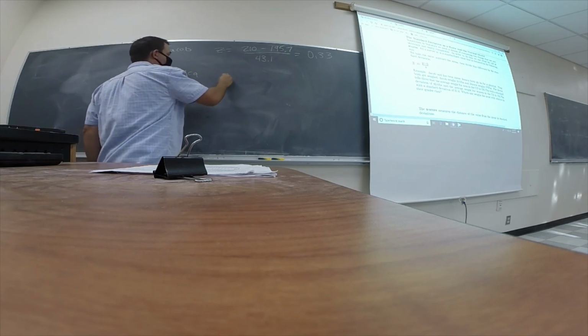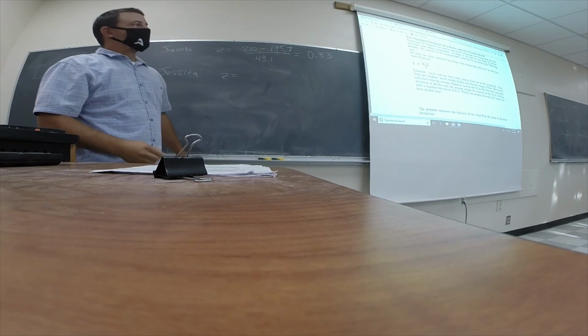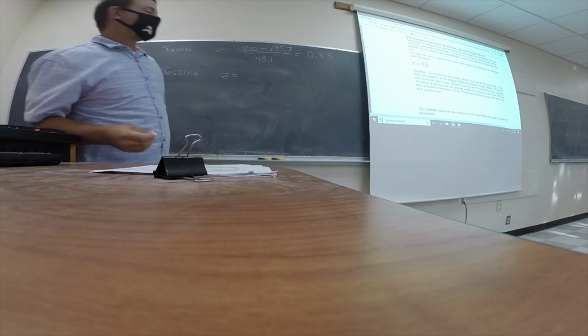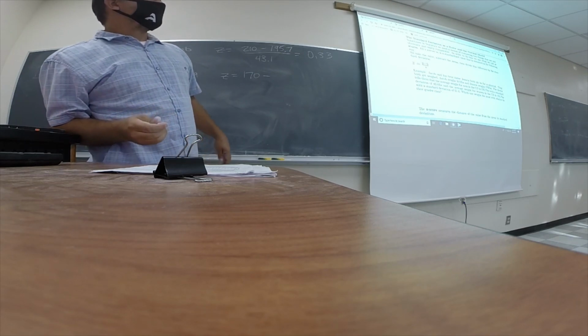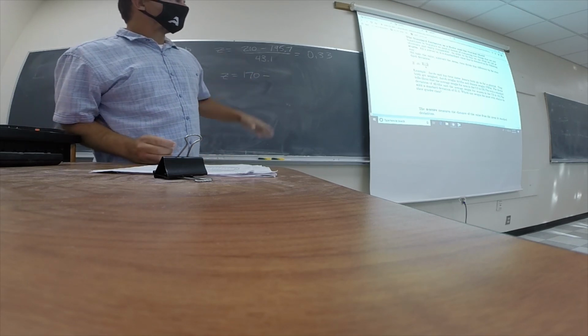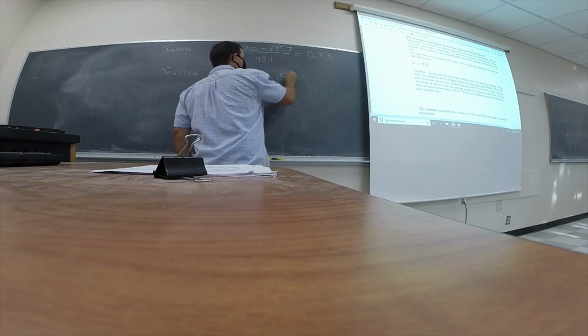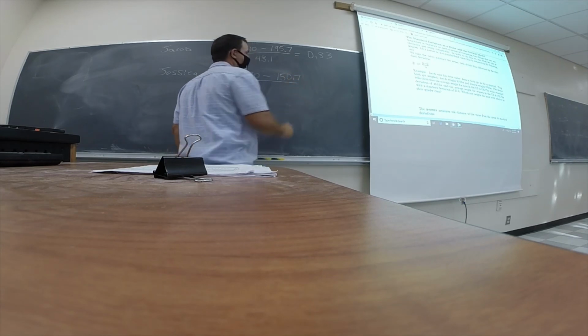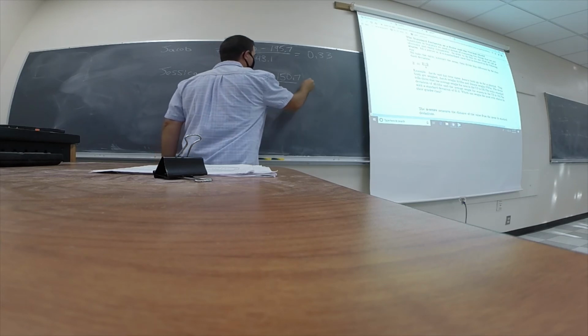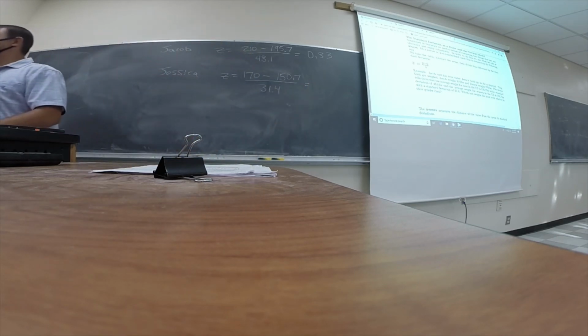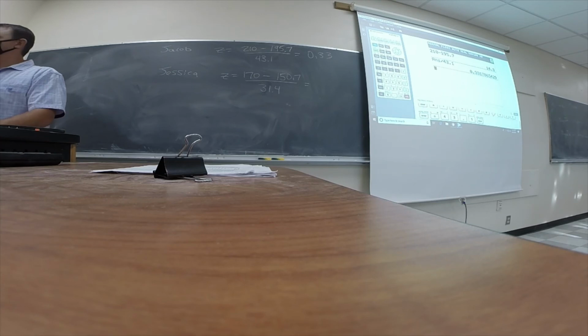So we've got Jessica. Okay, we're going to take her weight, which was 170, and subtract the average weight for the women, which is 150.7. And we're going to divide that by the standard deviation, which is 31.4. Okay.